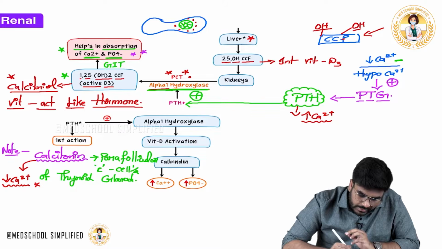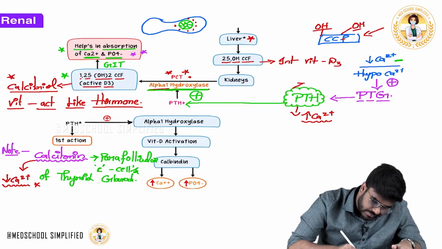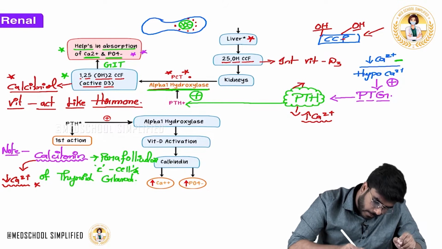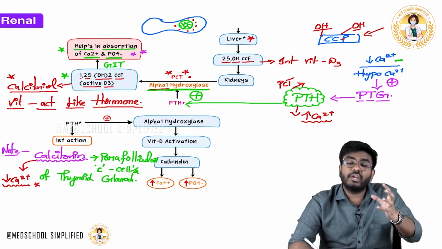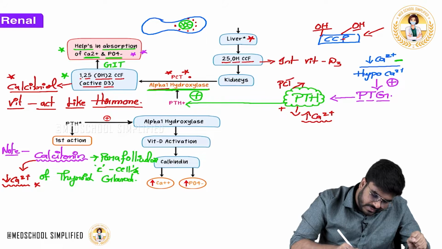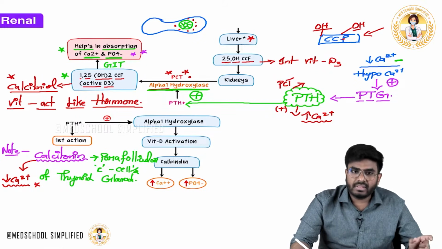But one important point I want you to know: the parathyroid hormone, yes, it increases the blood calcium levels, true. But the parathyroid hormone also acts on the PCT. Whenever the parathyroid hormone is there, where will it act? It will act on the PCT. In the PCT, what will it do?